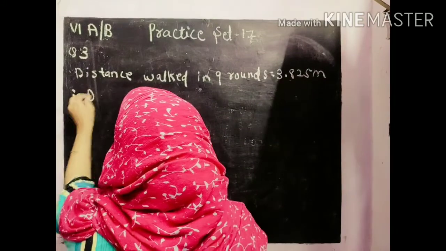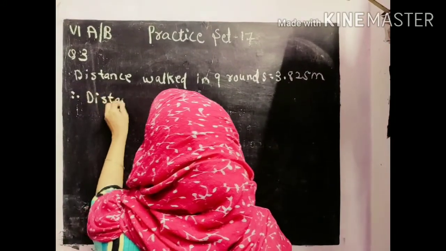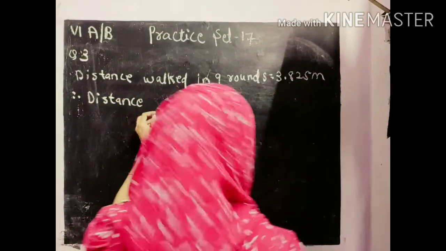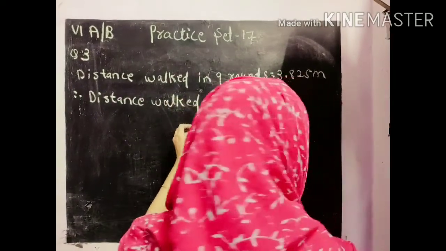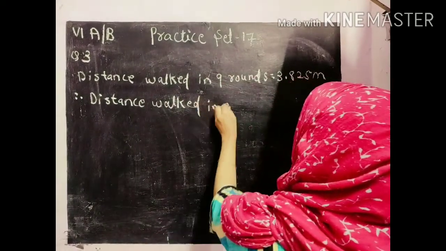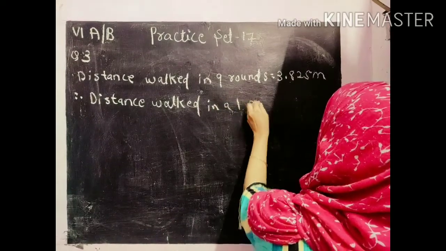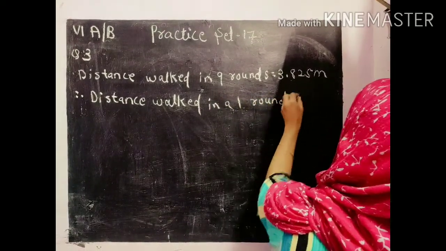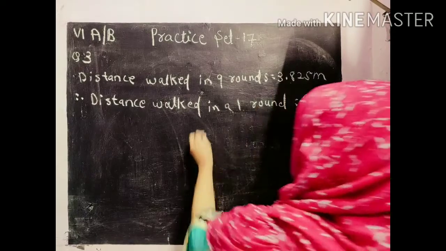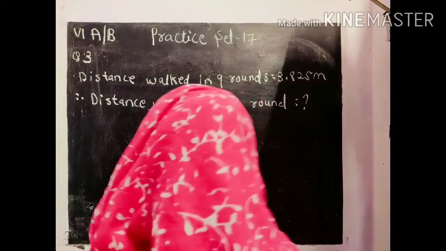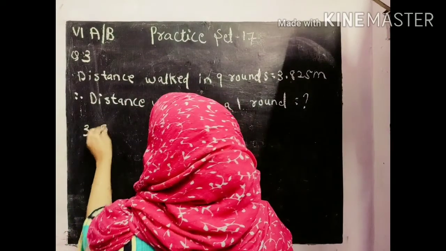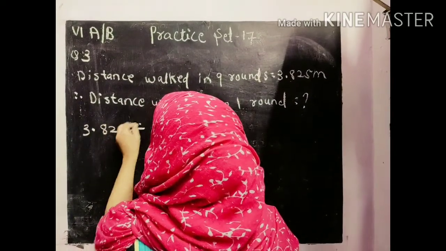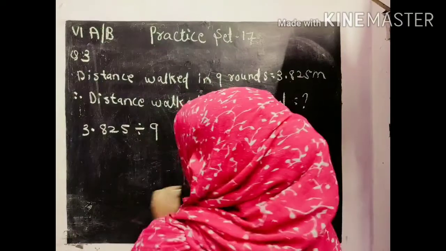Therefore, distance walked in one round is 3.825 divided by 9.